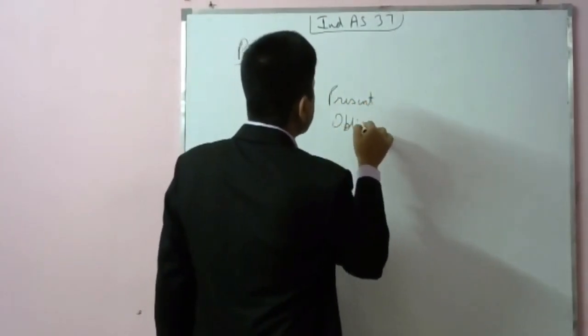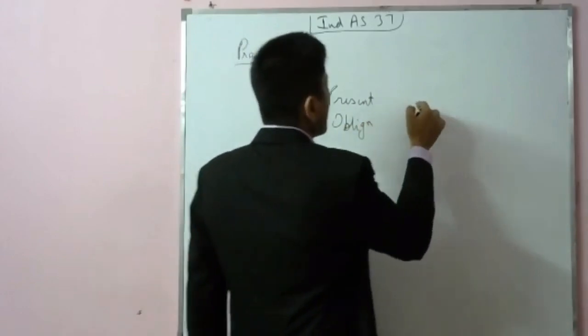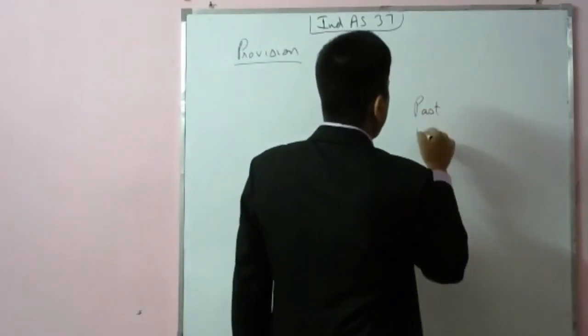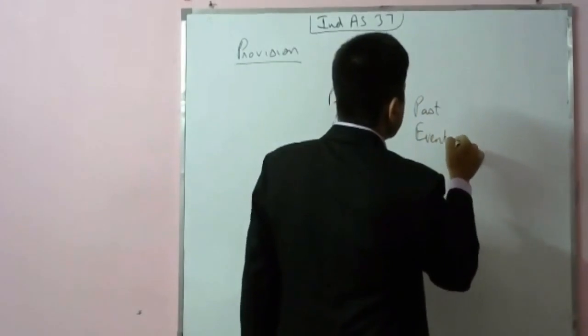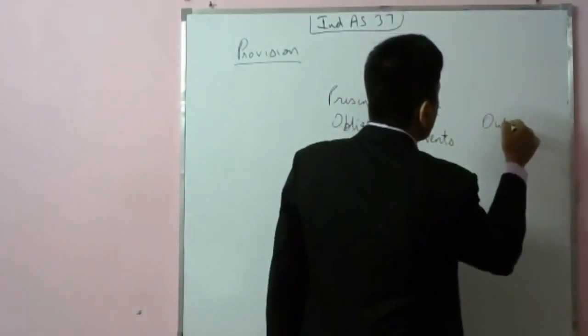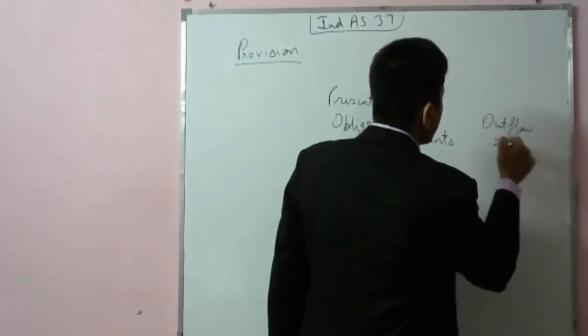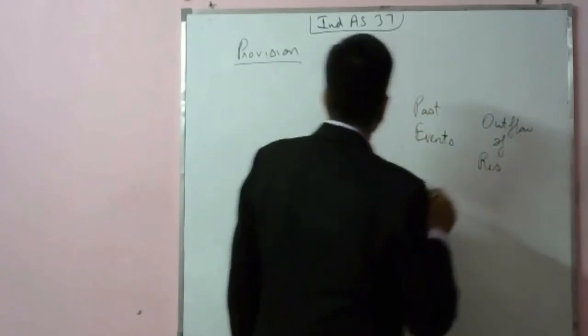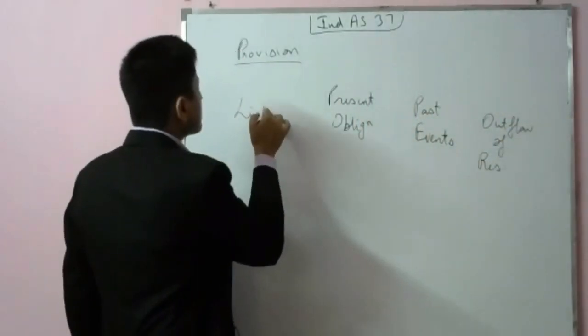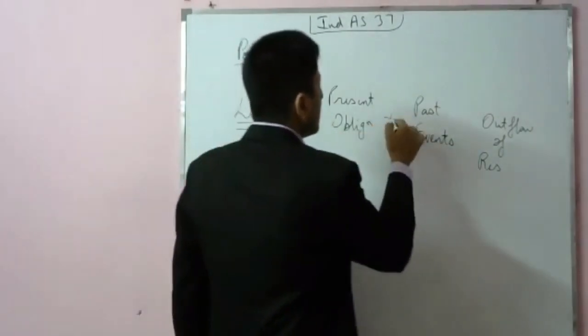Present obligation arising from past events and will involve outflow of resources. Correct. So this is how we define a liability.